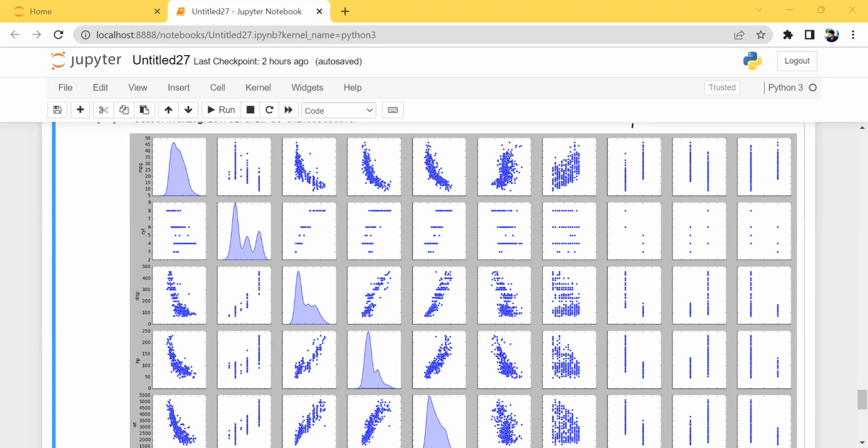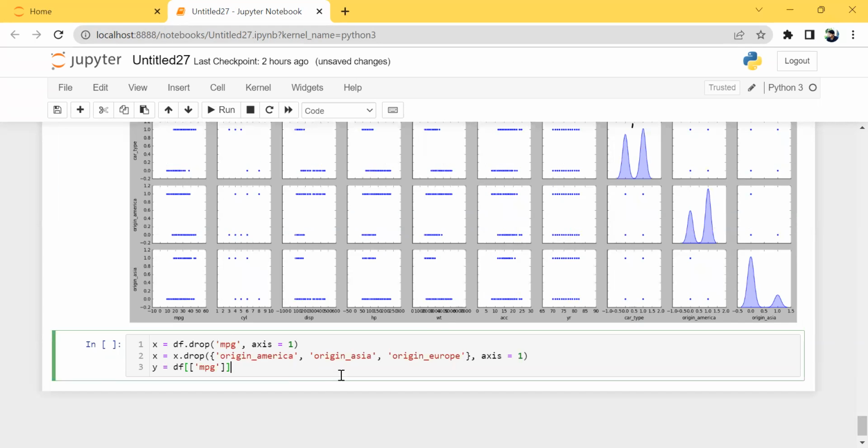Okay, let's split the data. How to do that? I'm assigning a new variable, x. Inside this, I'm dropping the mpg column, and axis equal to 1, because this is a column.